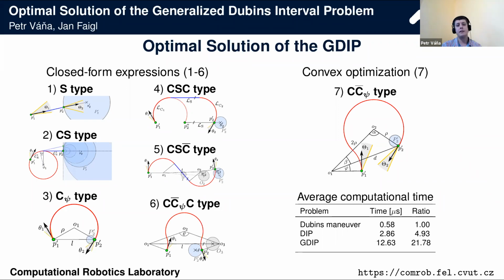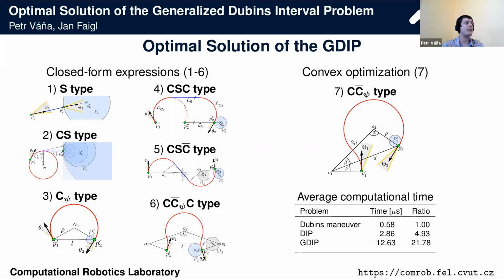So here, for example, we have an S-type. For each case, we prove some other conditions, which is quite straightforward here, because the straight maneuver needs to go straight to the center of the disk-shaped region. But for the other cases, it may not be so straightforward.